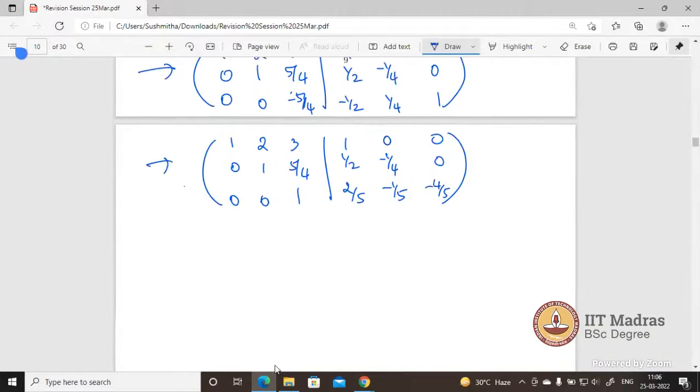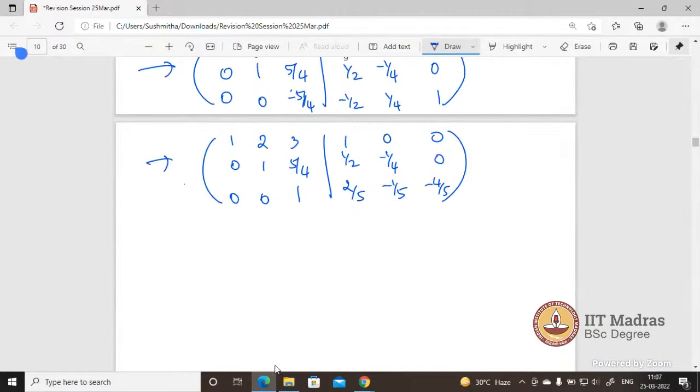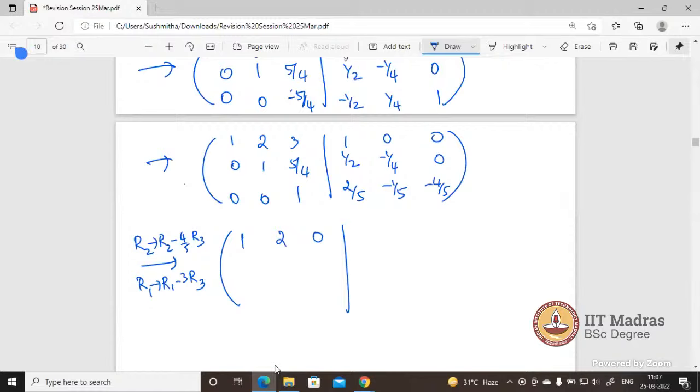Okay. Now I want to make this entry and this entry 0. So R2 is R2 minus 4 by 5 by 4 R3, and R1 is R1 minus 3 R3. I am doing the first row, so this becomes 0.